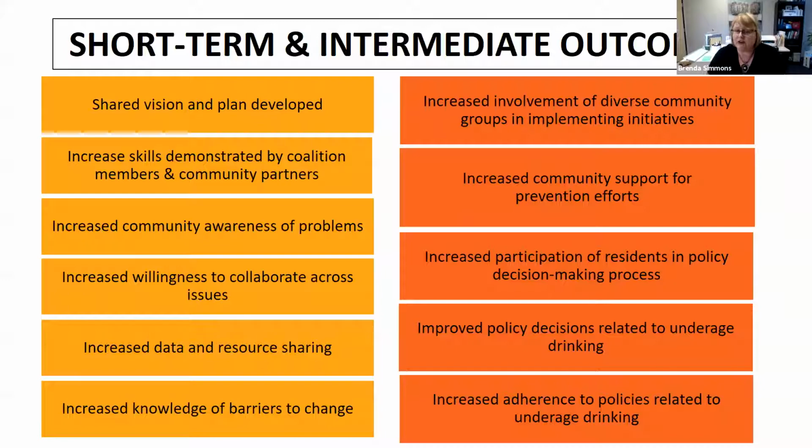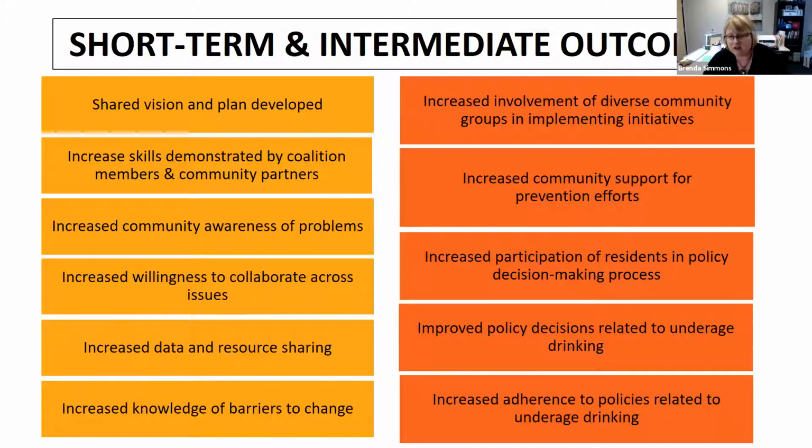But to get to your intermediate outcomes, you're also going to need a shared vision and plan. You can't have increased involvement of diverse community groups and community support for prevention efforts if you don't have a shared vision with the community and a plan developed. And you want to increase the skills demonstrated by coalition members and community partners.